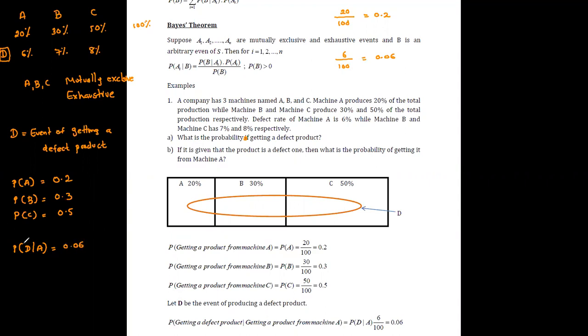If it is known that the product is from machine A, getting a defect product is 6%. It is actually this quantity.